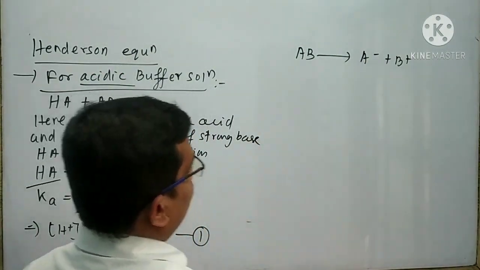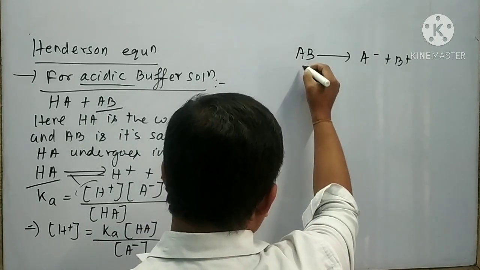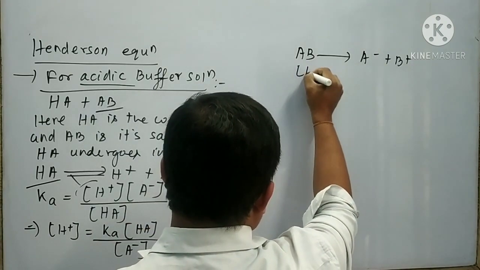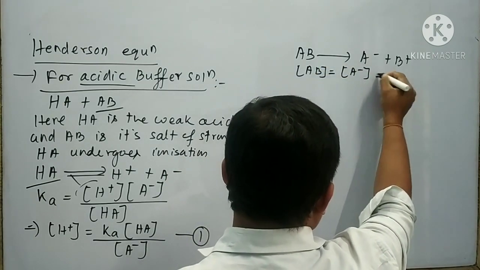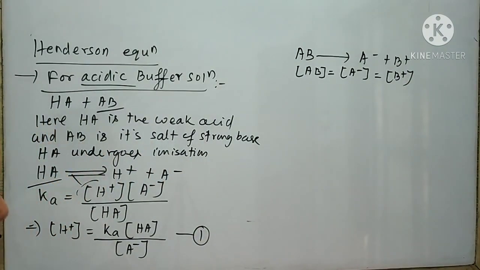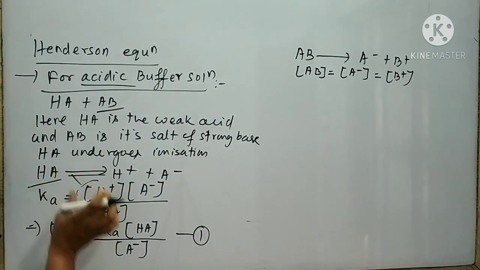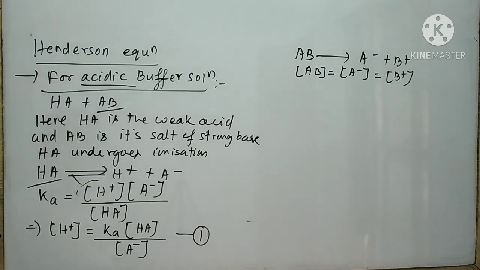In case of salt AB, we can write concentration of AB equal to concentration of A minus equal to concentration of B plus. But in case of HA, we cannot write concentration of HA equal to concentration of H plus equal to concentration of A minus, because the acid HA is a weak acid and does not undergo complete dissociation.